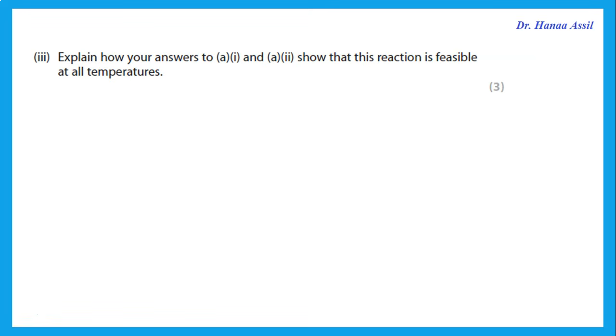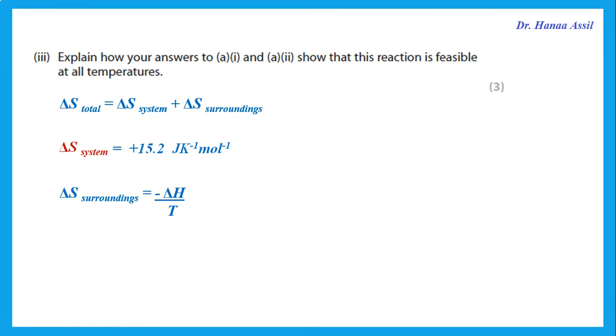Explain how your answer shows that this reaction is feasible at all temperatures. Remember, if the delta S total is positive, then the reaction is feasible. The delta S total is the delta S of the system plus the delta S of the surroundings. We calculated that the delta S of the system is this. So this is what we got from our calculation.